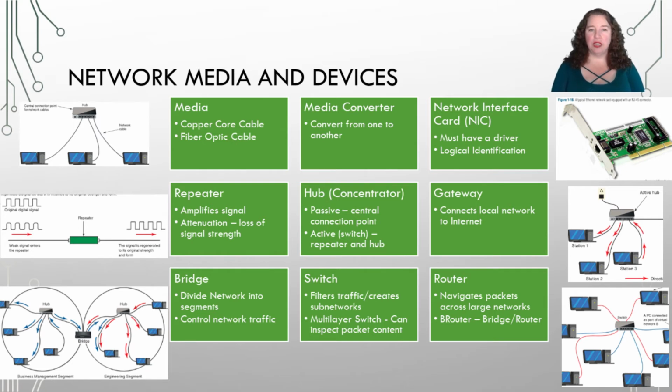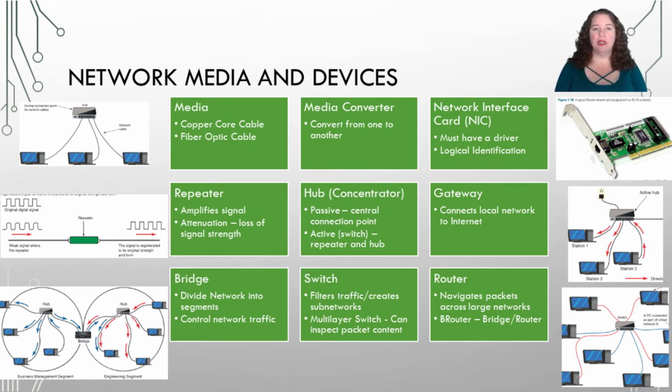In the center of any network, you might have something called a hub or a concentrator. This is the central connection point for your network. This is where devices are going to go together. Now, we can break networks into subsections, which we'll talk about in a second. But in a small network, your hub is the center of it. We can also call it a concentrator. You can have both a passive or an active hub.